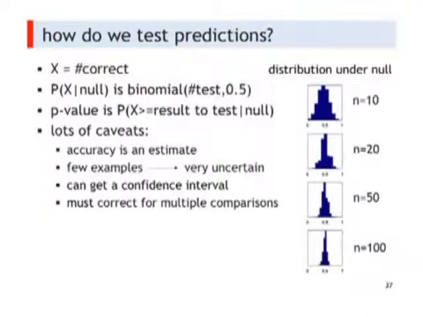If you had an infinite number, you would get to be around 0.5 if you were at chance. And because you don't, usually if you really care just about the actual accuracy number, you could get a confidence interval on that takes that size into account. But the other thing that you must do in this case is, if you train those 10,000, you will need to correct for multiple comparisons.